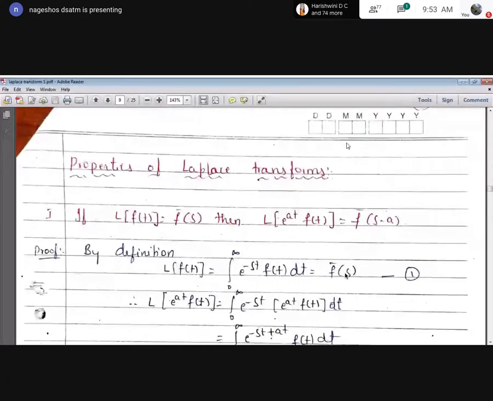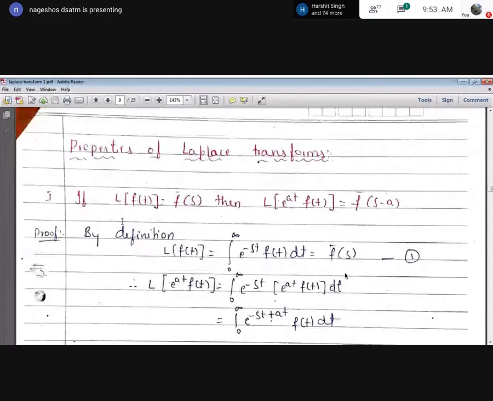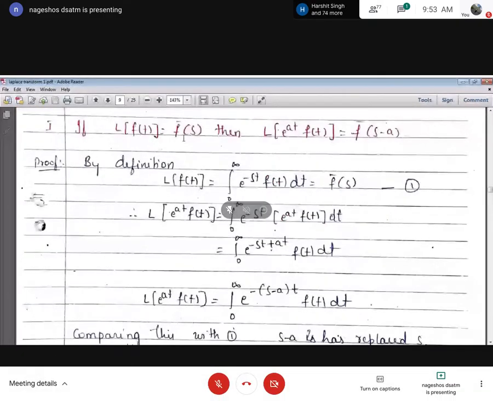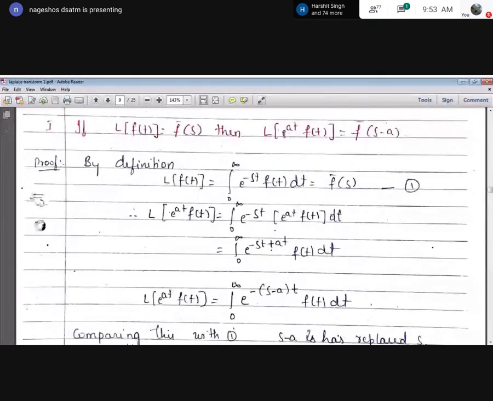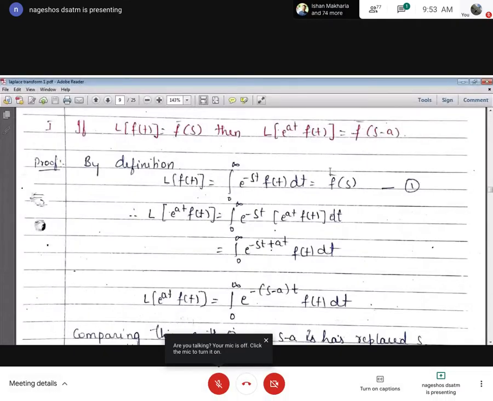Next, we'll go to properties of Laplace transforms. If L of f of t equals f bar of s, then Laplace transform of e power at f of t equals f bar of s minus a.